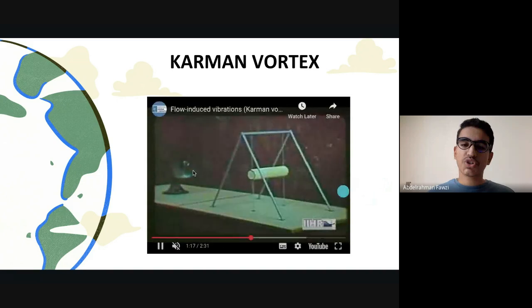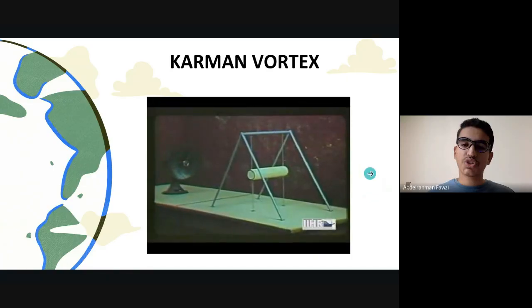Look, for example, this is the fluid, which is air, and this is the cylinder that we have. After some time, it will start vibrating.